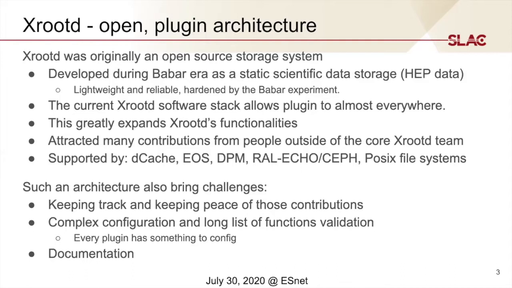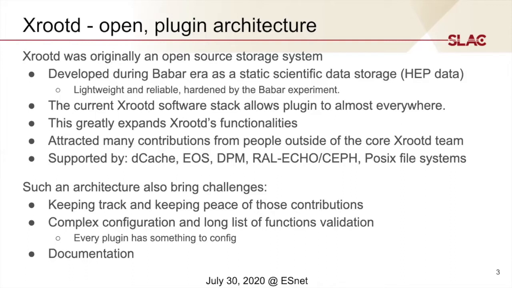The protocol is supported by many storage systems like dCache, EOS, DPM, and RAL Echo Ceph. These are mainly used by the high energy physics community, especially the LHC community, as their storage systems.